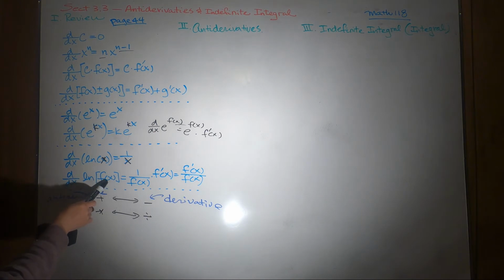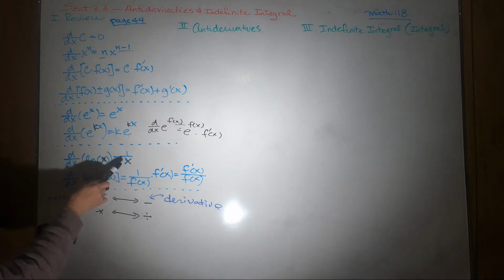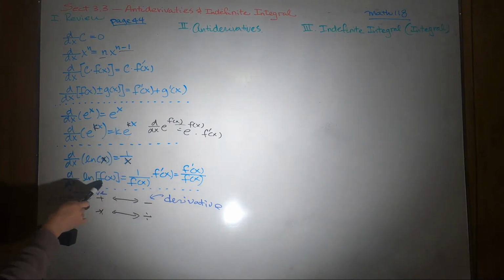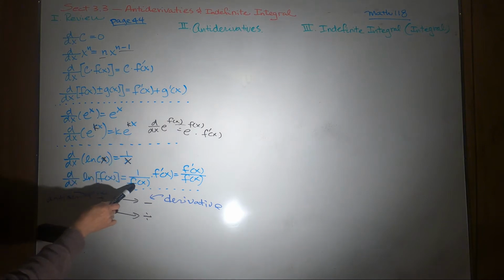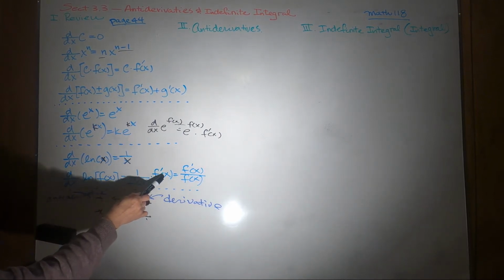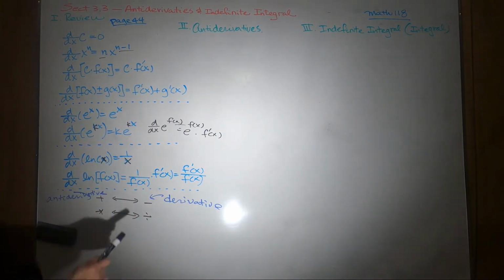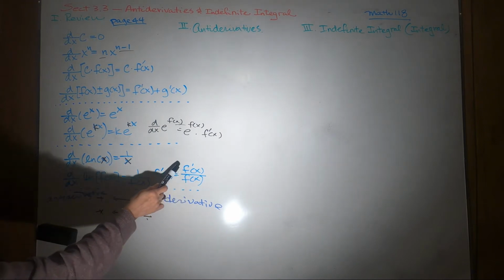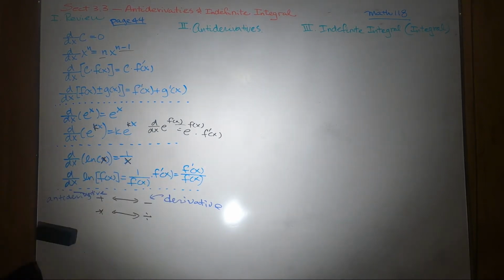If it's f of x, then you need to use the chain rule. So it would be 1 over f of x, then take the chain rule on f of x, which would be f prime of x. Then you multiply them together, and it would be f prime of x over f of x.